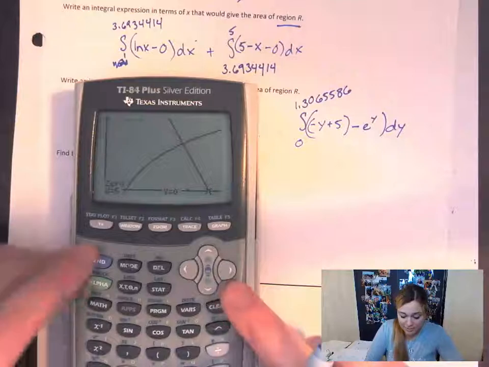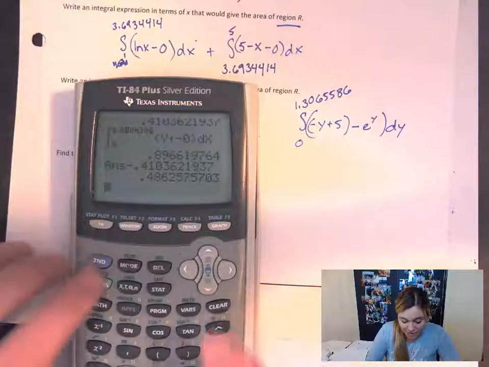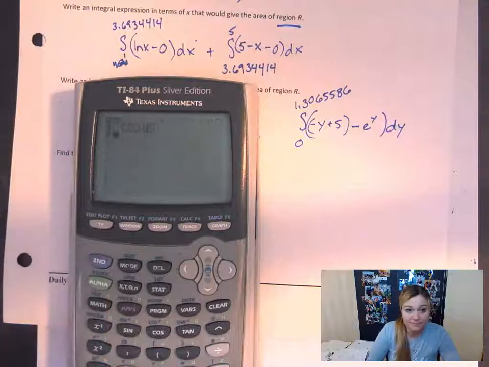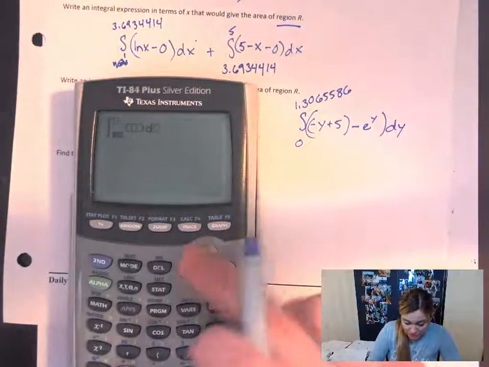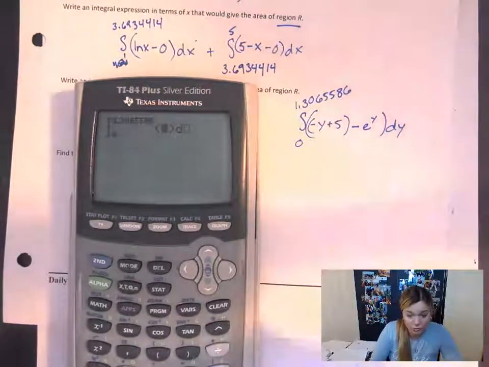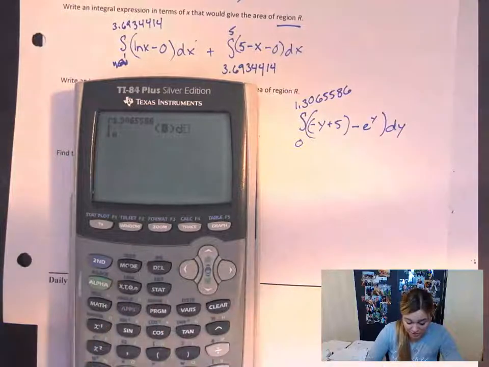You're like, you sure I'm going to get the same thing? If I go back to my home screen and I go to Math 9, and now I'm integrating from 0 to 1.3065586. This is all in terms of y, but whatever variable I just put in here is just a number.